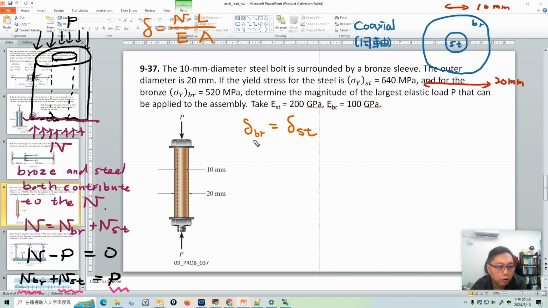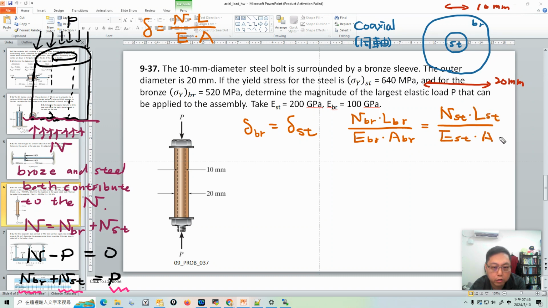So in detail we need the normal force at the BR part and length of the BR part, divided by E_BR times A_BR, and equal to N_ST times L_ST divided by E_ST and A_ST.